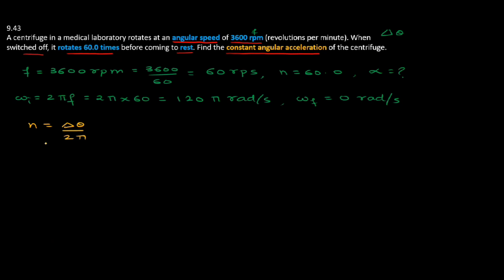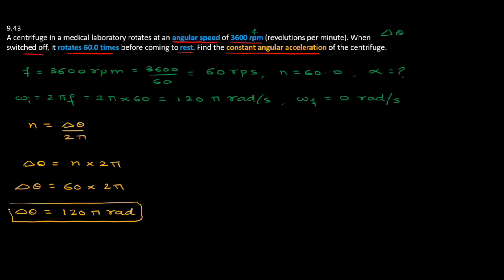So we can find the total angular displacement delta theta by multiplying my number of revolution n with 2 pi. So I substitute here to calculate my angular displacement delta theta. n is 60 times 2 pi. So delta theta becomes equal to 120 pi radian.